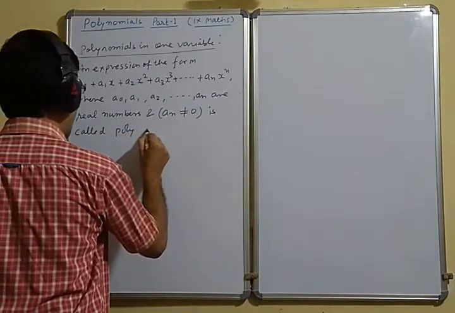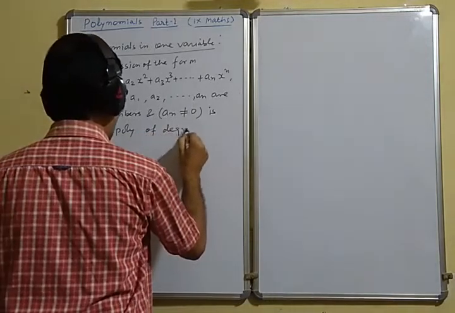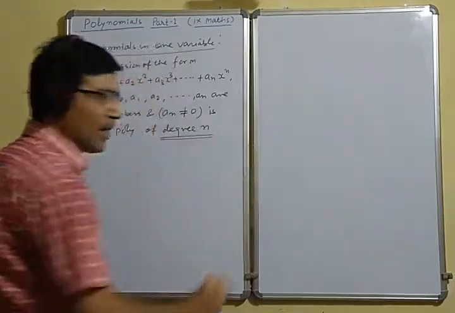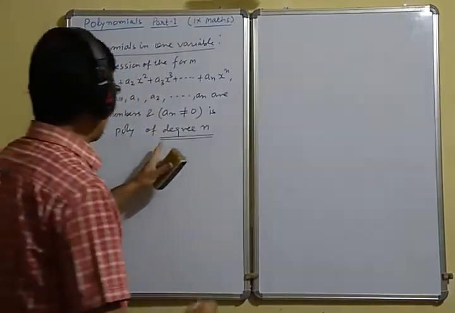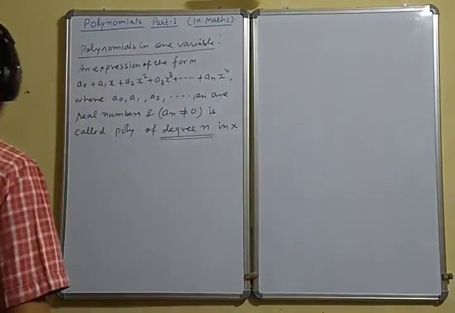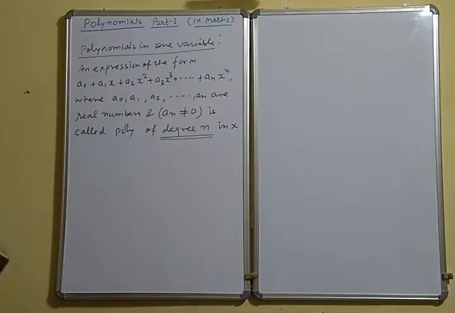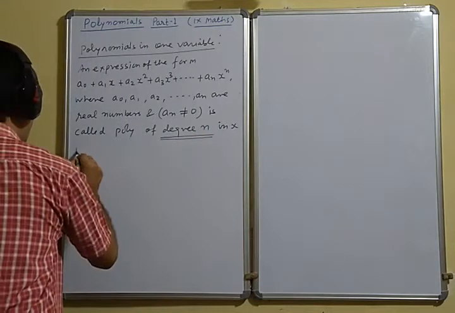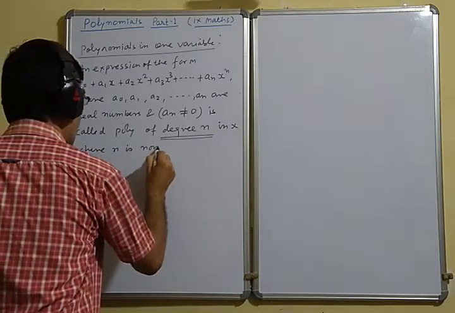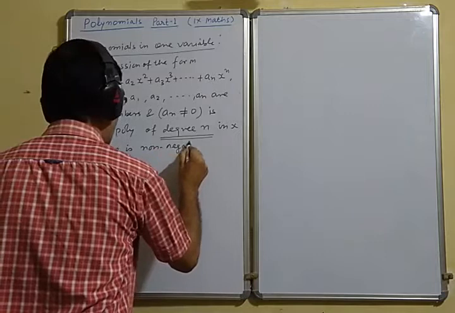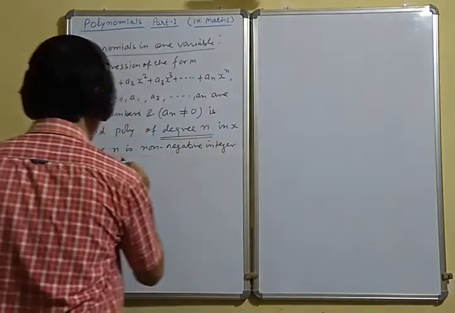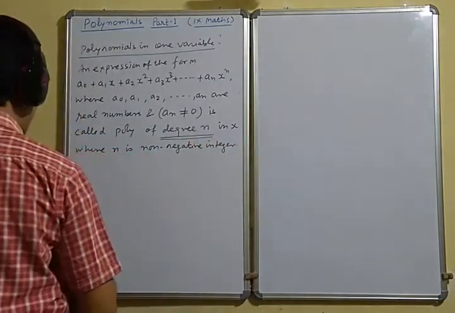is called a polynomial of degree n in x, where n is a non-negative integer.